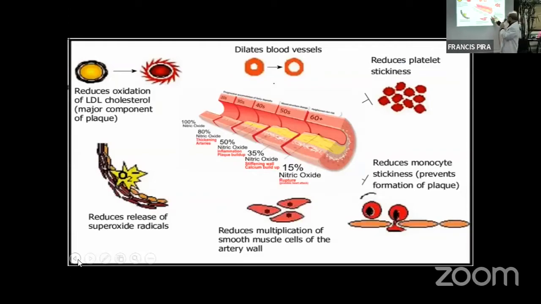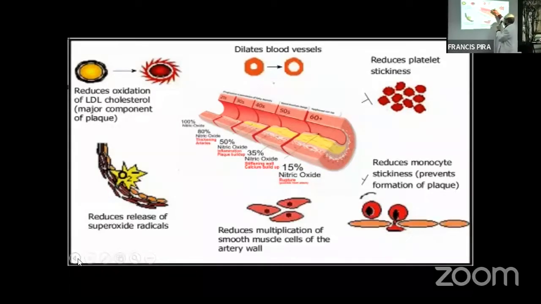So this is now the blood vessels in the blood. The nitric oxide will dilate the blood vessel. So if this is your blood vessel that is clogged, then it will be dilated and allow the blood to flow. Even if there are some plaques here, it will still be able to dilate the blood vessel and able to let the blood flow 100%.